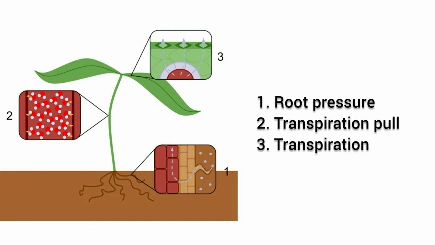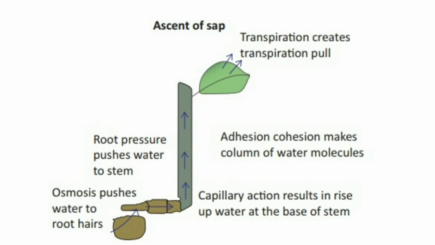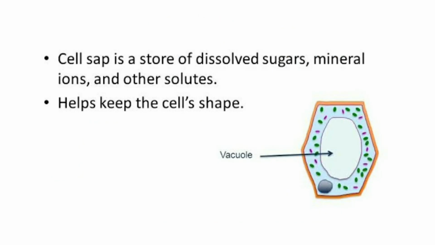Root pressure pushes water up, but it is not enough to go up to the leaves. Transpirational pull is the main phenomenon. Therefore, the upward movement of water and minerals from the roots to the aerial parts of the plant against gravitational force is called ascent of sap. Sap is the fluid containing mineral salts and water which is present inside the vacuole of a cell.